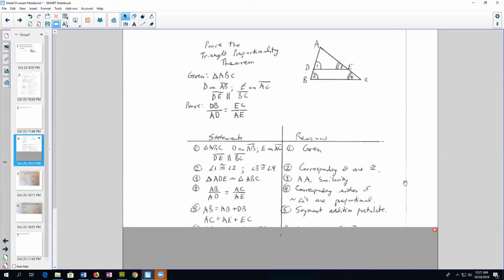AB is equal to AD plus BD, and AC is equal to AE plus EC. Segment addition postulate. I hope that this is obvious. If you think about it, it should be clear.